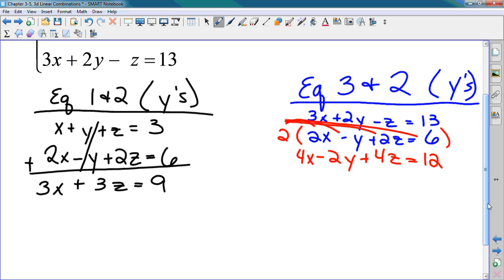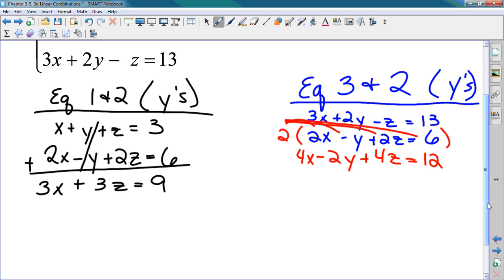I'm confused. Why are we distributing it? Because I want to get rid of y's, right? And in equation 3, what is my y value? Positive 2y. So when I add this, what do I have to have this one be to get rid of the y's? It has to be negative 2. This one's positive, this one has to be negative. So what do I need to multiply this entire equation by to get a negative 2 here? By 2. Okay? Good question.